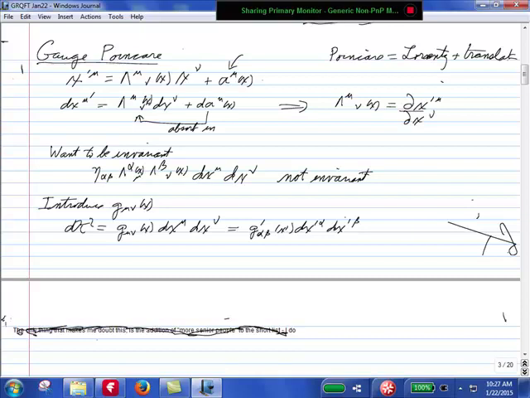So it's just the inverse coordinate transformation.